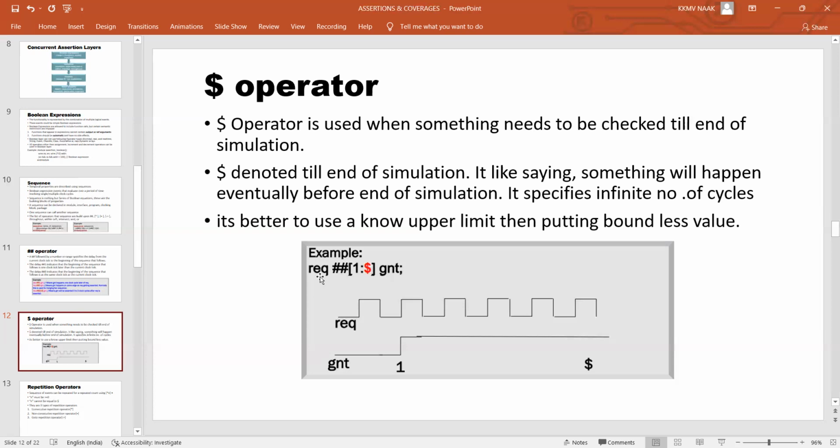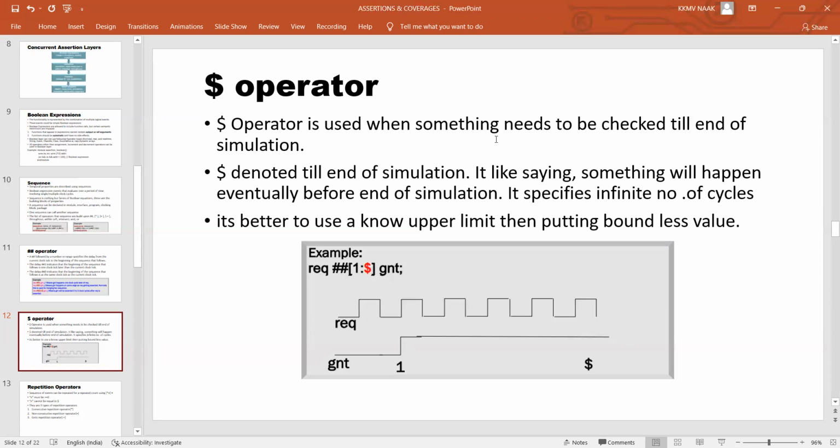So here, when your request is high, after 1 to dollar, which is your maximum upper limit, only after that should grant be high. That's what you have mentioned here. It means your grant signal will be high after 1 clock cycle, and up to how long it should be high, you are mentioning that: till the end of the simulation.